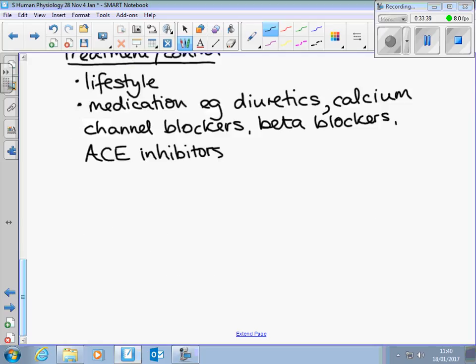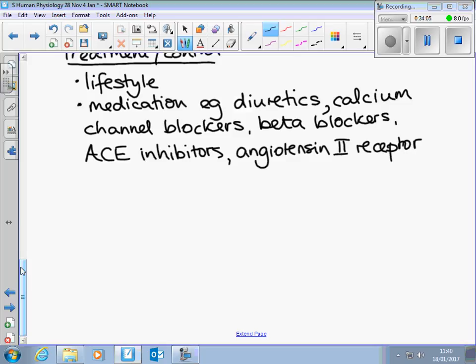The ACE inhibitors, angiotensin converting enzyme inhibitors, stop part of that sequence. The ones that I'm on, and what sort of triggered my interest here, are angiotensin 2 receptor blockers.